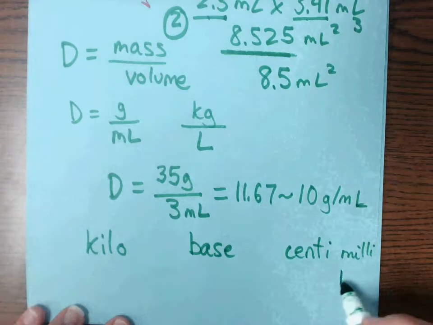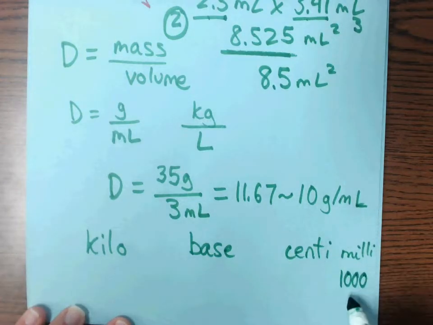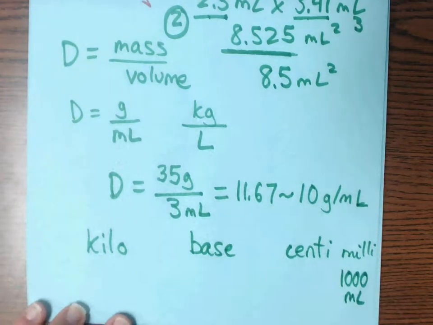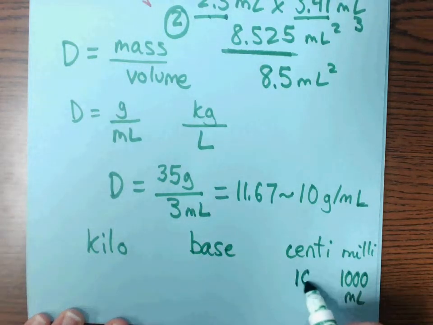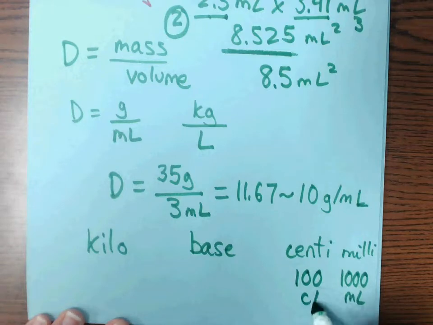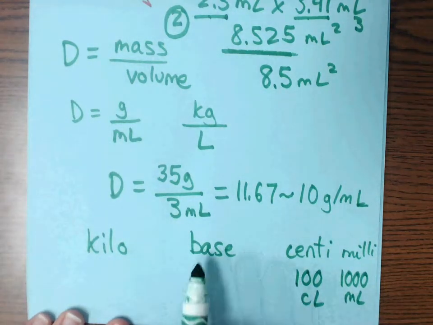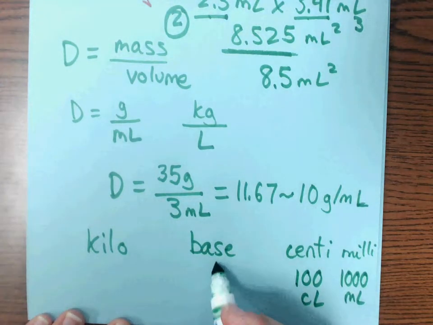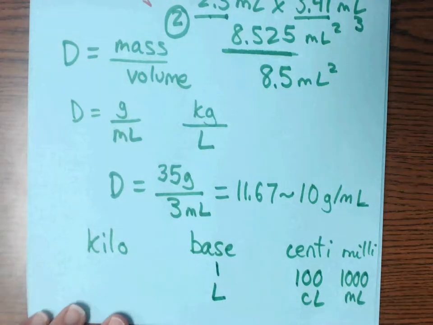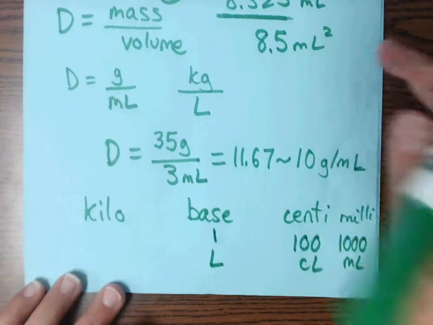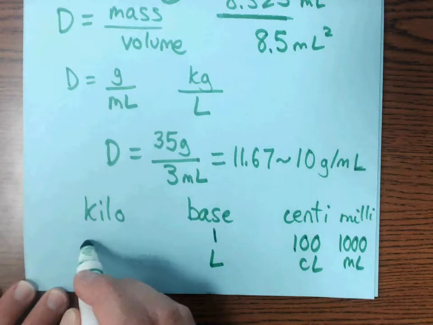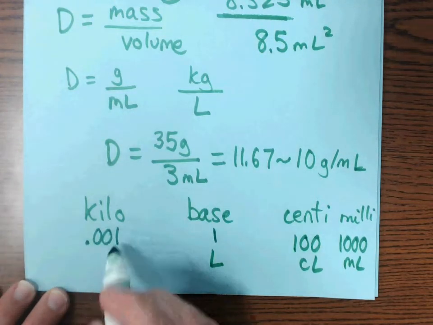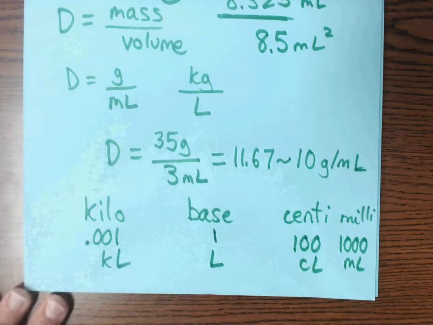So if you had 1,000 milliliters, this would be 100 centiliters. If we go back to our base, this would be 1 liter. And then since kilo is so much larger, we'd have to move the decimal 3 to the left. So this would be 0.001 kiloliters.